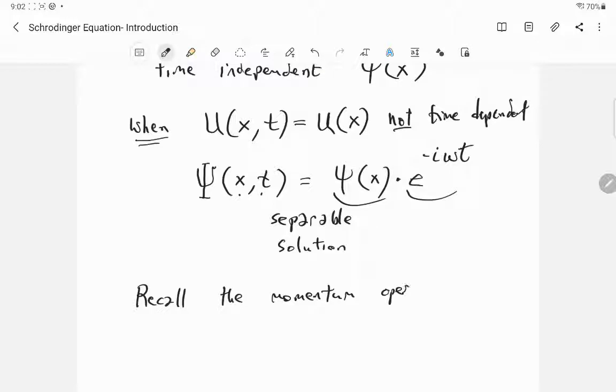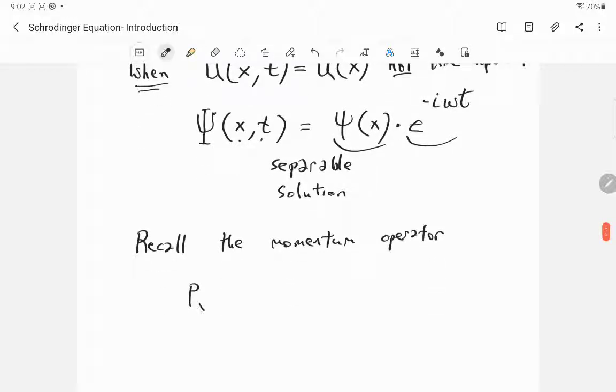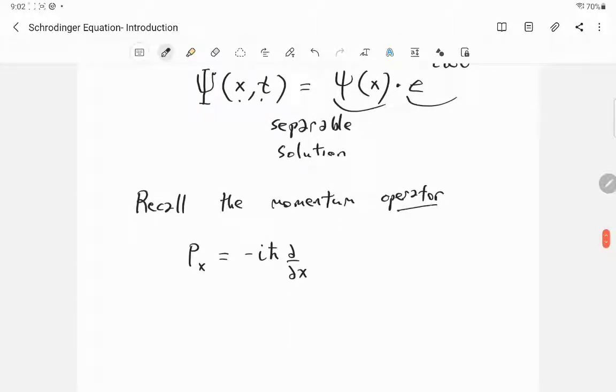the momentum operator. The momentum operator, p sub x, is not a number, it's actually an operation. And the operation is minus i h bar d by dx. It's an operator, so you've got to actually cause the derivative to happen. So recall the momentum operator.